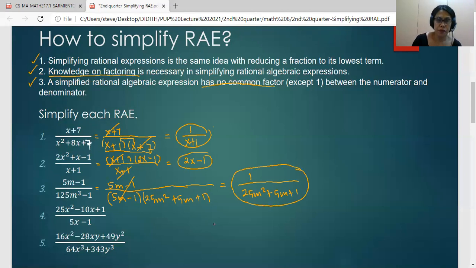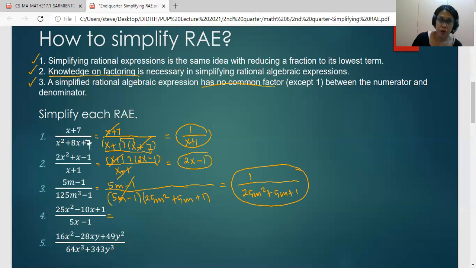Number 4, the numerator is a perfect square trinomial. So the factors are the square of a binomial. And that binomial is the extracted square root of the first term and the last term here. And we will consider the operation of the middle term here. So the square root of 25x squared is 5x.